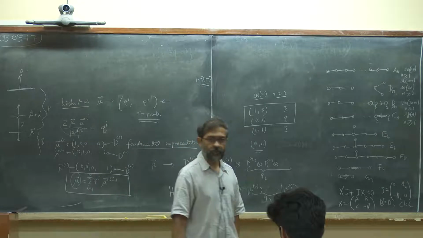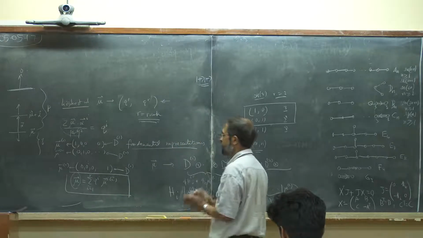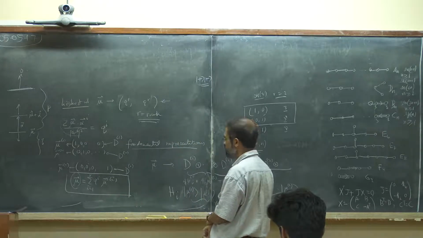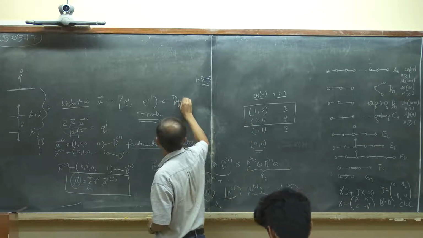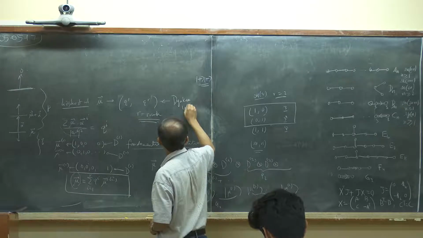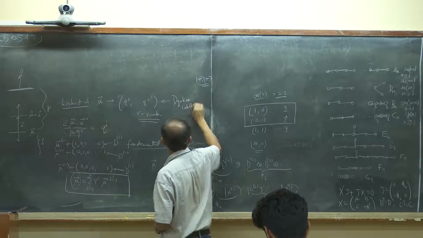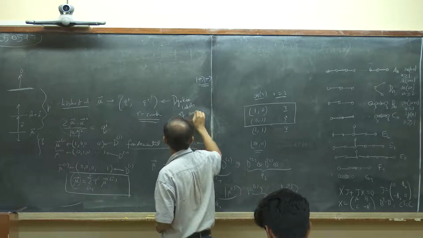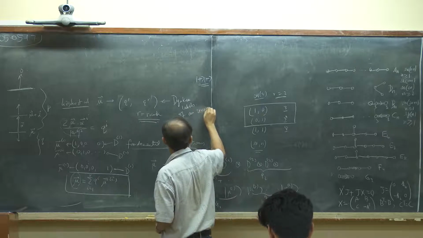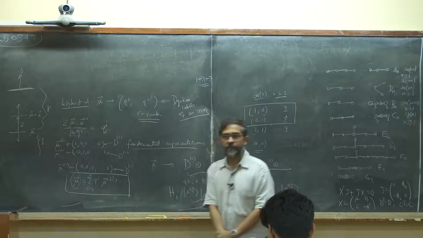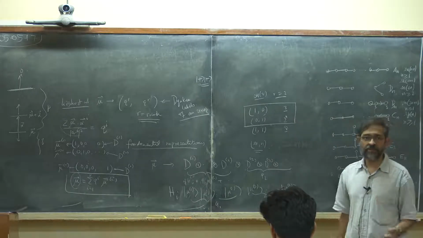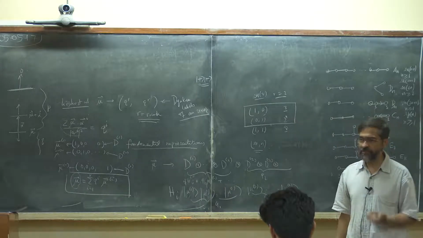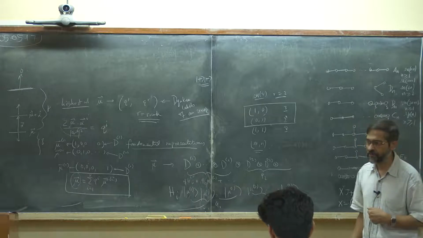So therefore, we proved this very important result. By the way, these are called Dynkin labels. I don't know whether I said this. These are called Dynkin labels of an irrep. This is a very important concept: this is a unique representation, these Dynkin labels, an ordered set of integers.